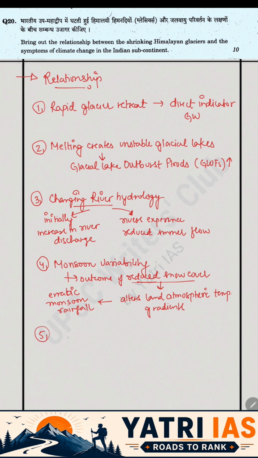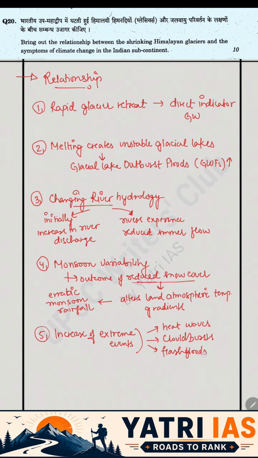Then you would mention increase in extreme events such as heat waves, cloudburst, flash floods. You see landslides. All these events are continuously on rise in Himalayan region.